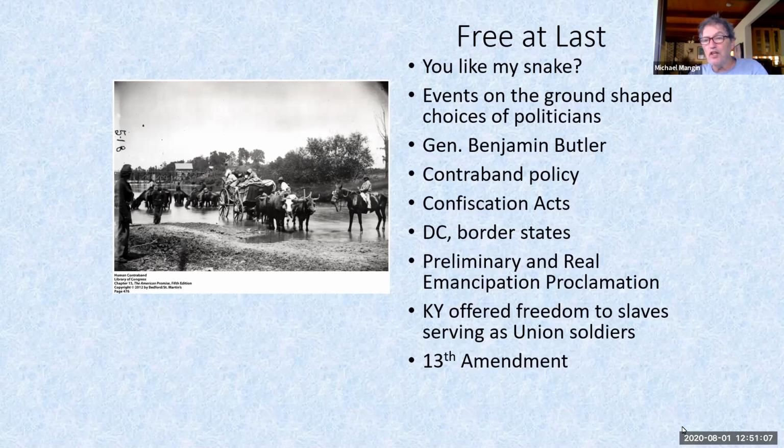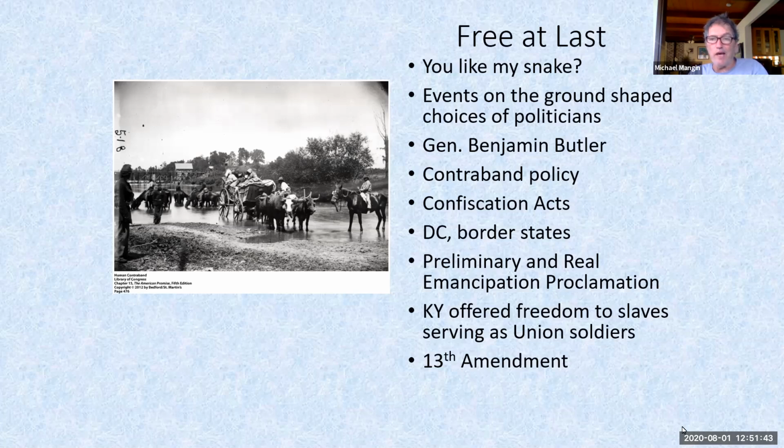The preliminary Emancipation Proclamation was announced 5 days after the Battle of Antietam, and there President Lincoln offered the preliminary emancipation, which said that slaves would be freed on January 1st, 1863, that there would be colonization attached to this plan of freeing the slaves, that is to send them somewhere outside the country.